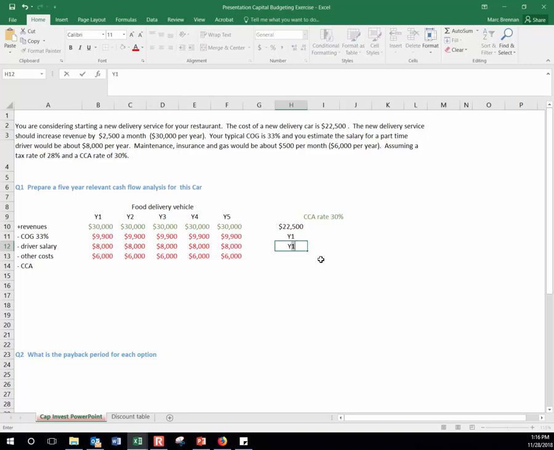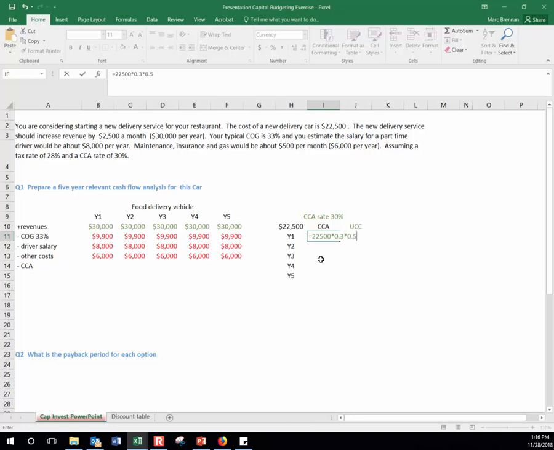We want to know for year 1, year 2, year 3, year 4, and year 5 what's going to happen. We need to know what the CCA deduction is every year and what the undepreciated capital cost is every year. In year one, our depreciation expense is $22,500 times 30%, 0.3, but never forget the half year rule, so we multiply that by 0.5, 50%.